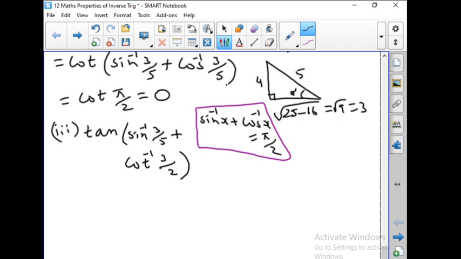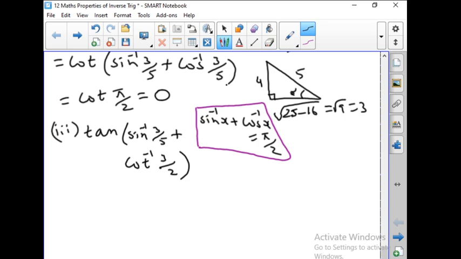Now consider the third property: tan inverse of 1 by x is equal to cot inverse of x, if we have x greater than 0.